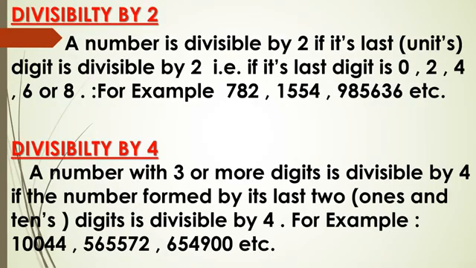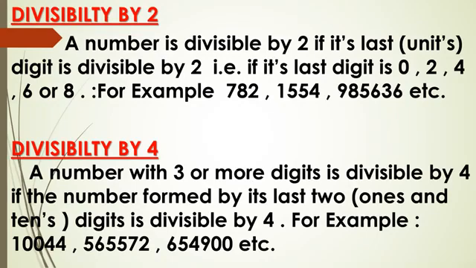See one more example. 5,65,572. Number formed by its last two digits is 72. Now see whether it is divisible by 4 or not. 72, yes, it is divisible by 4. So if 72 is divisible by 4, then the complete number 5,65,572 is also divisible by 4.